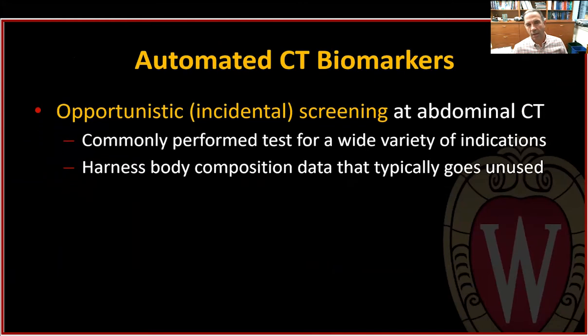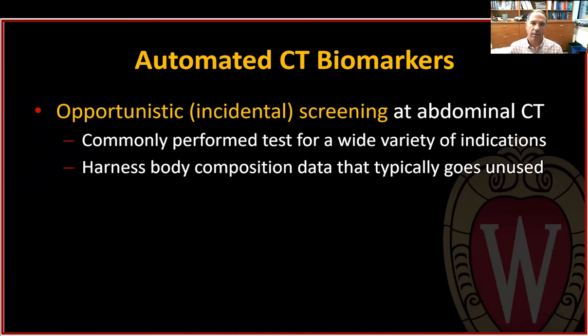Just a little background. I've been interested in opportunistic or incidental screening, or there are other names you could apply. Some people object to the term opportunistic since it has a somewhat derogatory connotation, but it basically means using information that typically goes unutilized in a CT scan, where we know there's a lot of data that we can put to use.